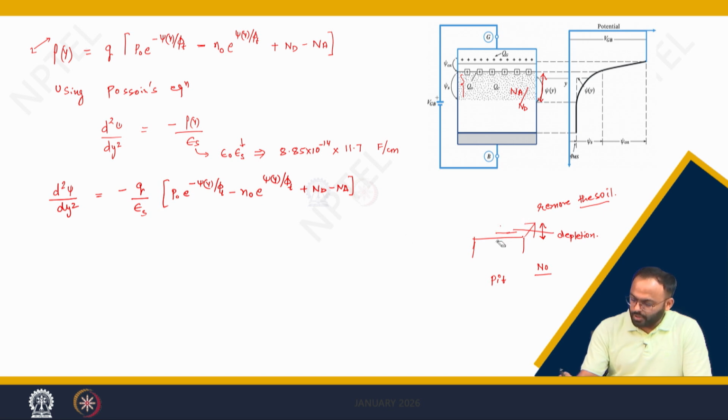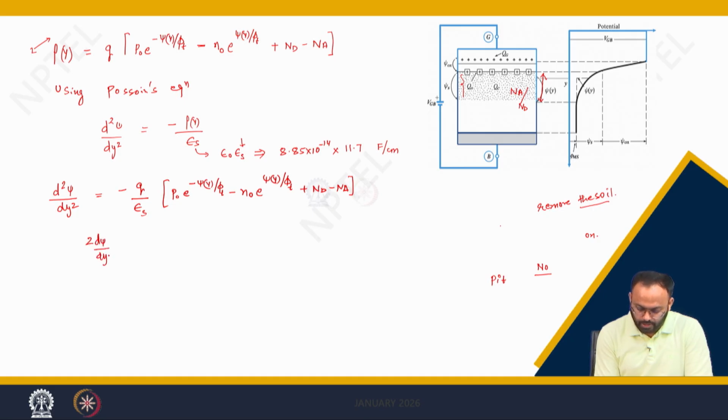This can be solved by multiplying 2 times dψ/dy on both sides and integrating both sides, by considering a dummy variable y.